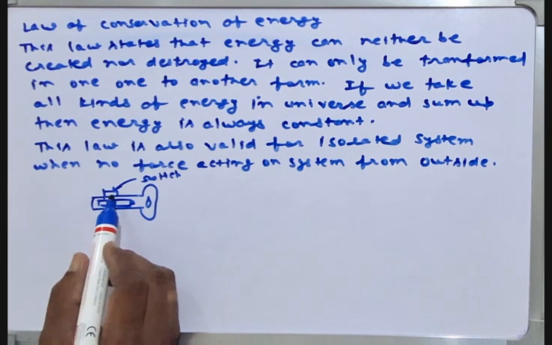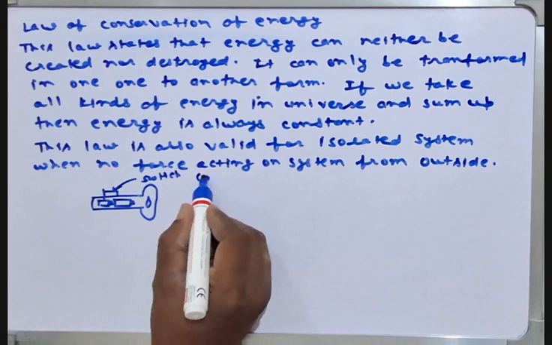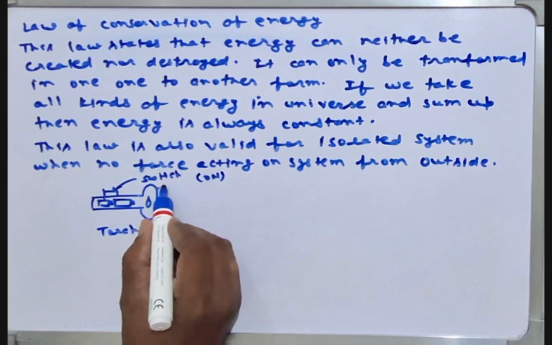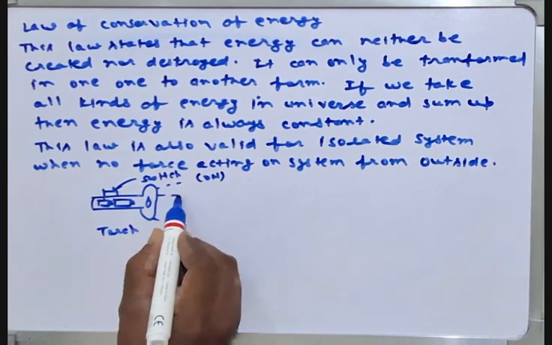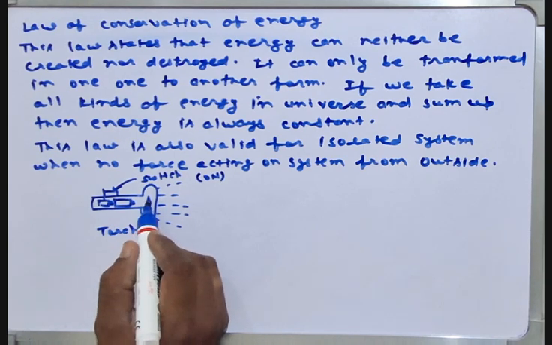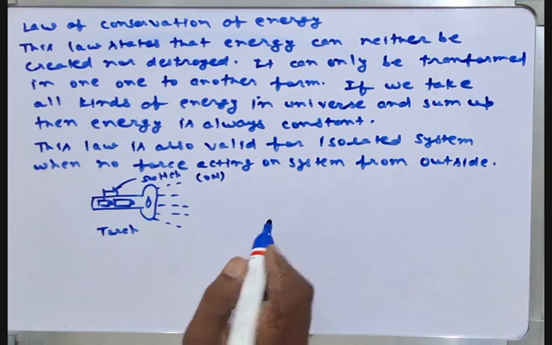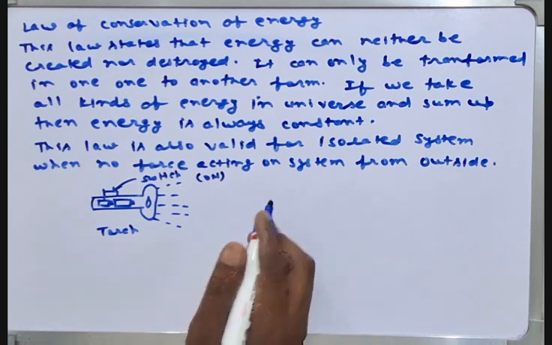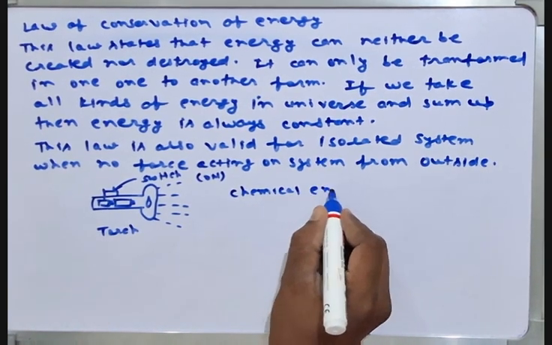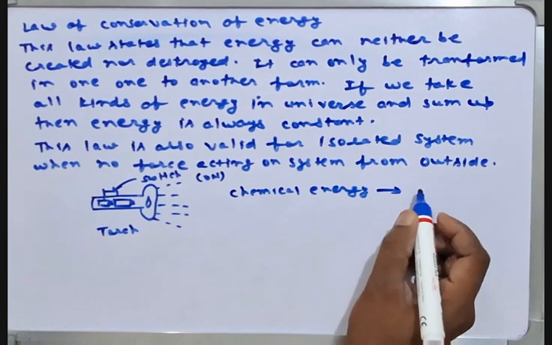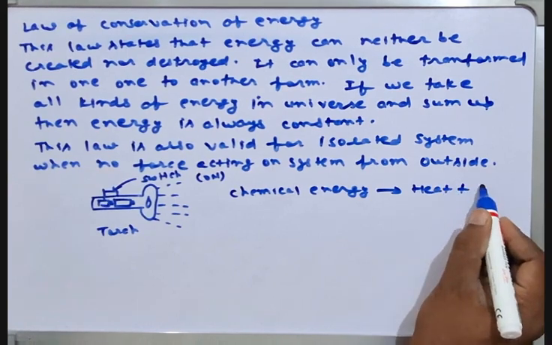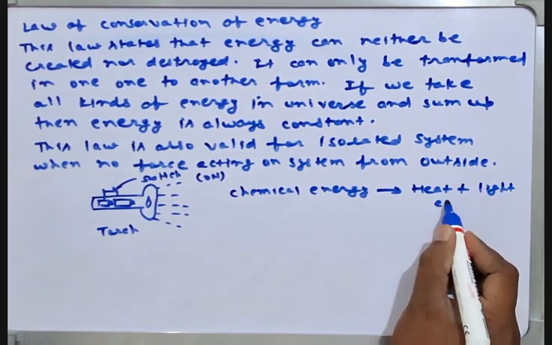So what happens here is, when you turn on the switch of the torch, it produces heat and light, when the filament is heated up. Okay, so you can say here chemical energy is converted into heat plus light energy.